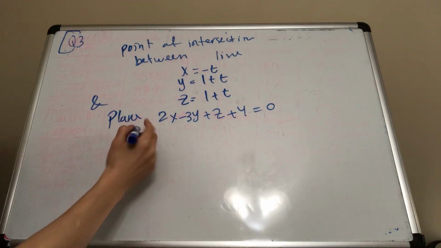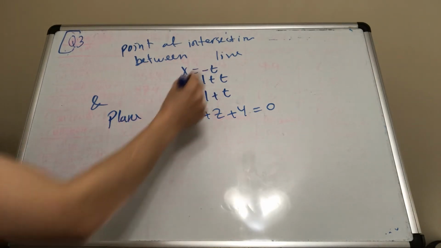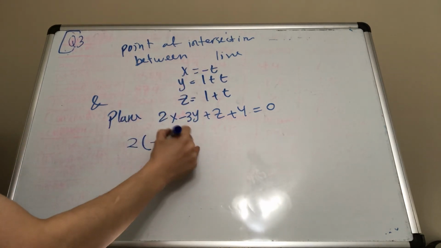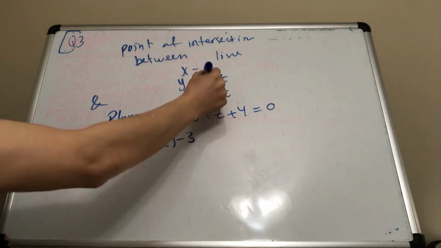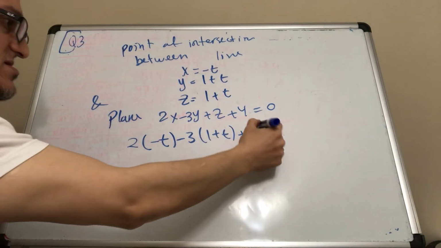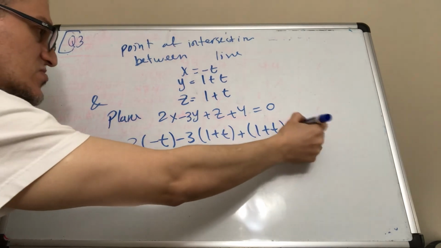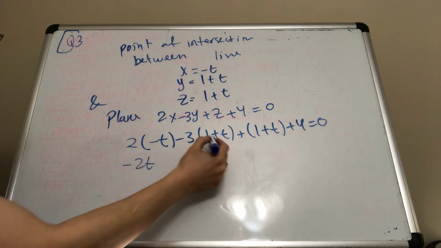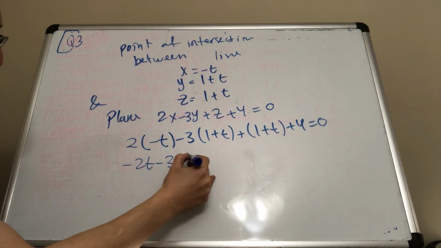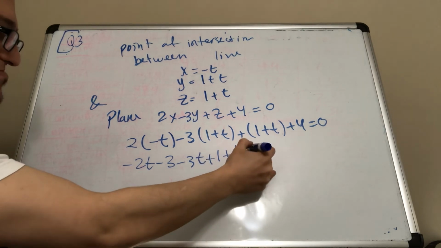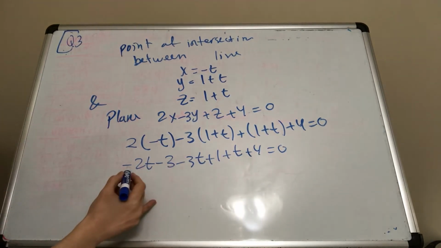What you need to do is you put this here, so it becomes 2 instead of x, minus t. Instead of y, 1 plus t. Instead of z, 1 plus t, plus 4 equals 0. Minus 2t, minus 3, minus 3t, plus 1 plus t plus 4 equals 0.